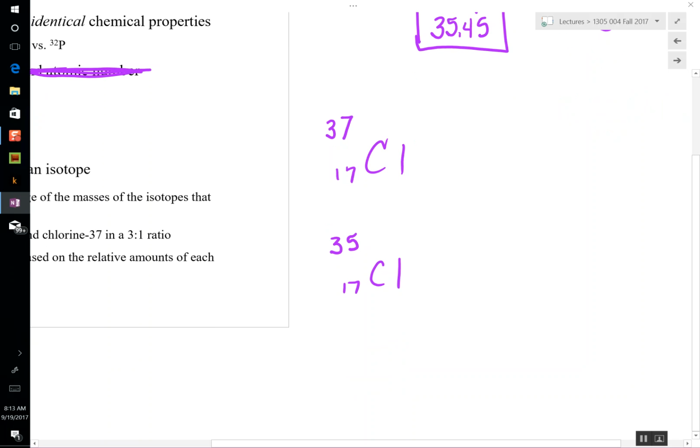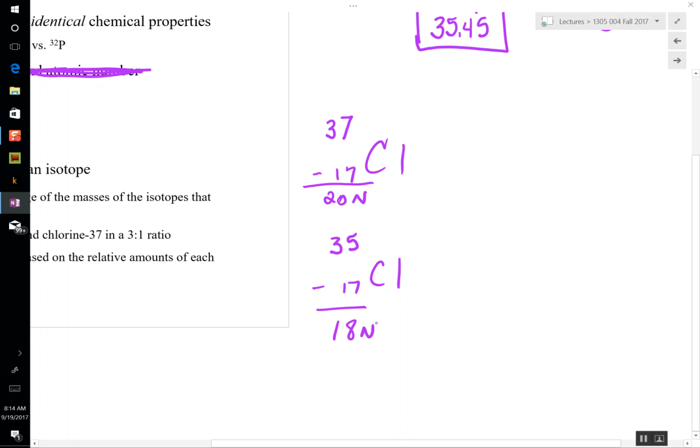But you can see that chlorine 35 has 20 neutrons, and chlorine 37. I'm saying one thing and working on a different one. So you subtract the atomic number from the mass number, and you get the number of neutrons. Chlorine 35 has 18 neutrons.